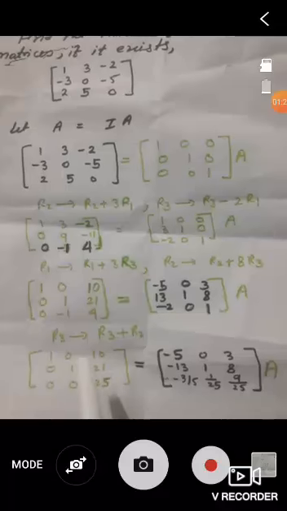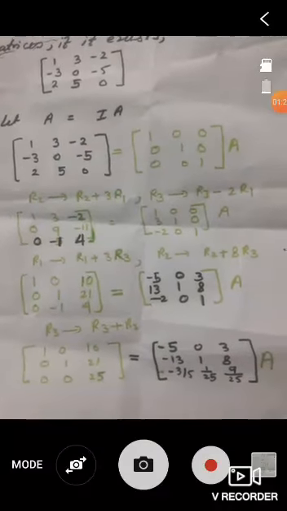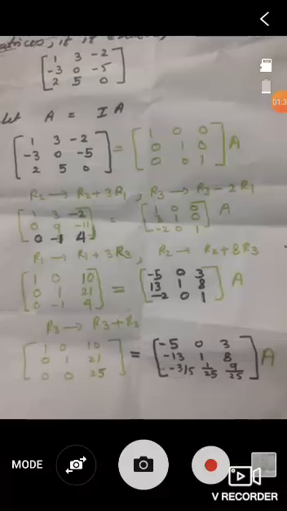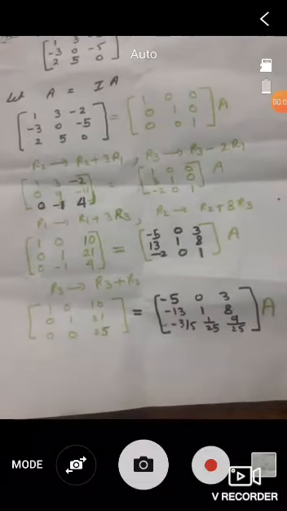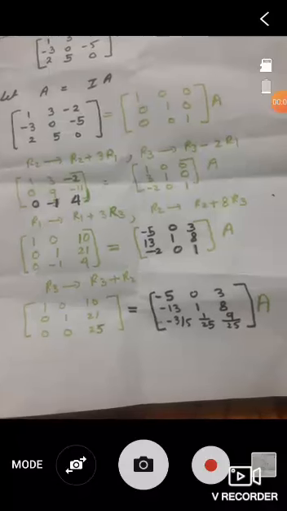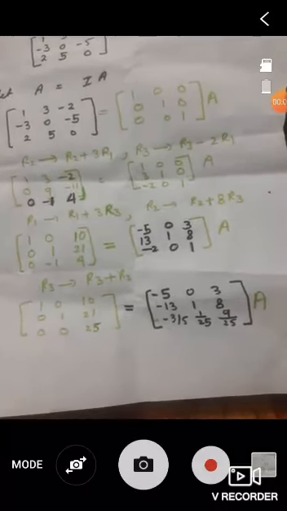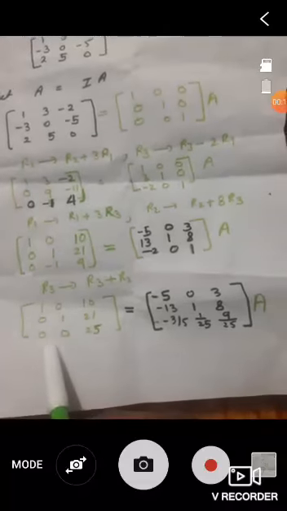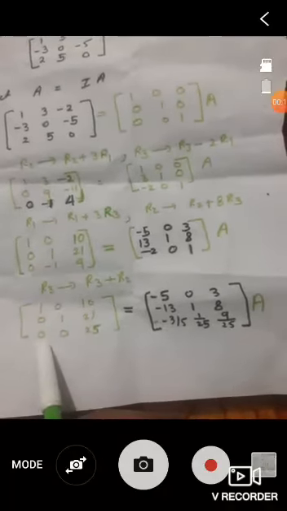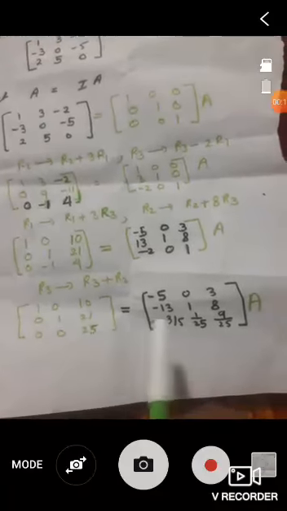Now I will apply R3 changes to R3 plus R2. Why am I applying this operation? Because I want to convert the third row second element into 0. So finally I get the third row as 0 0 25.